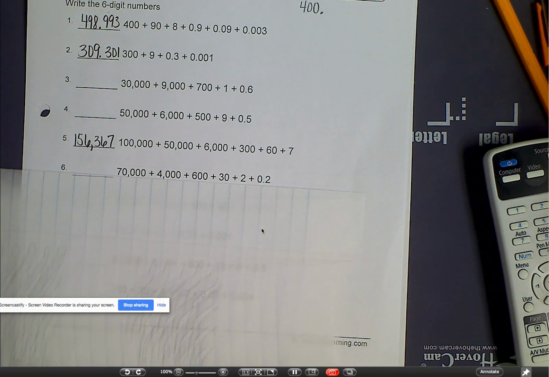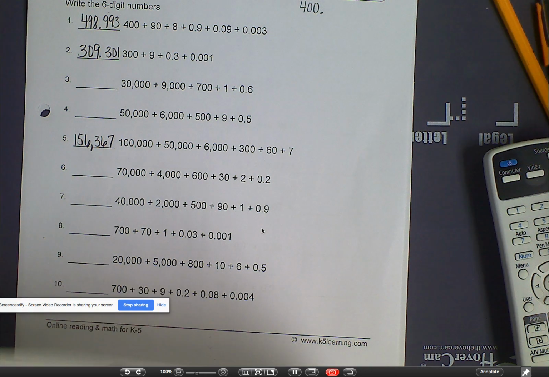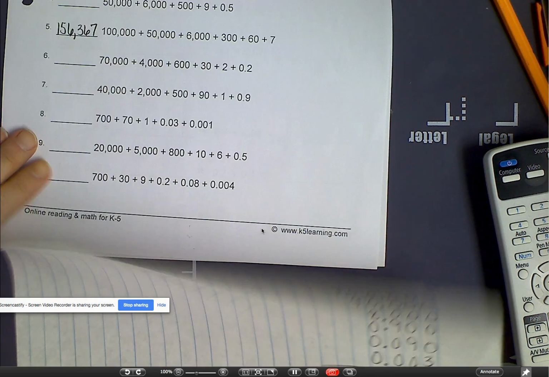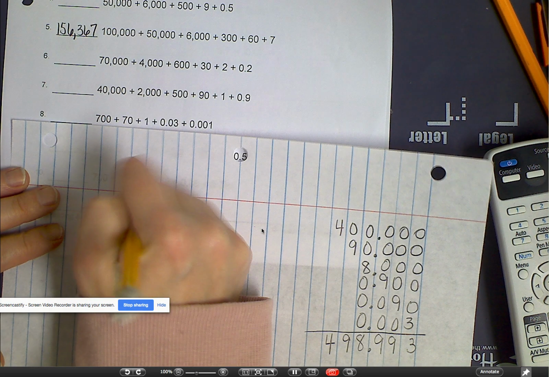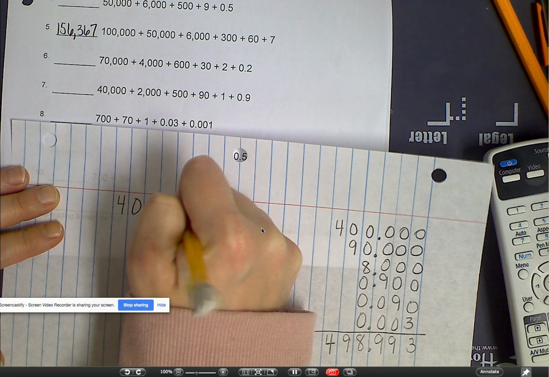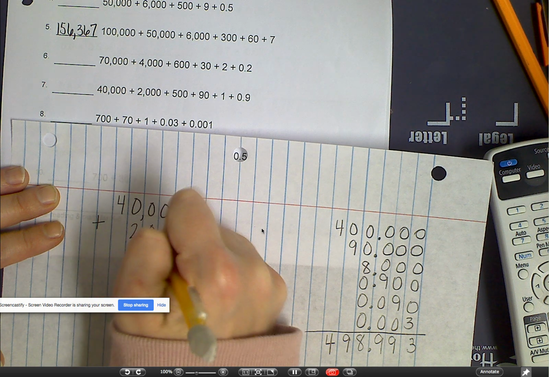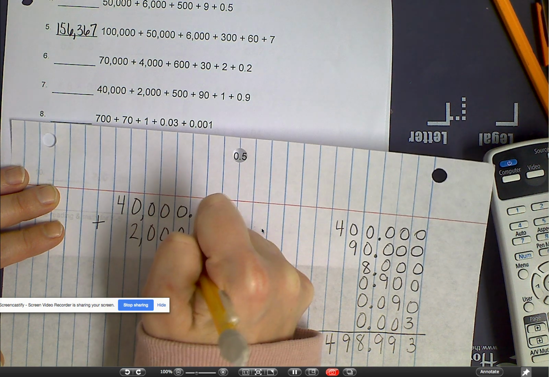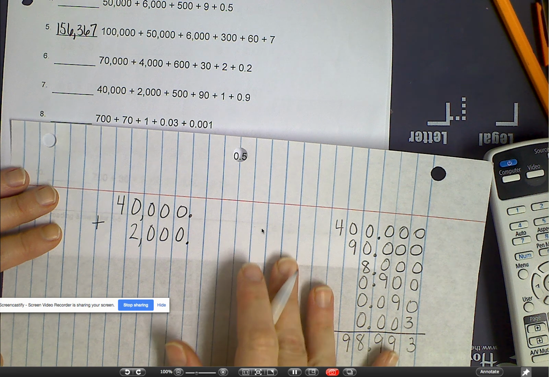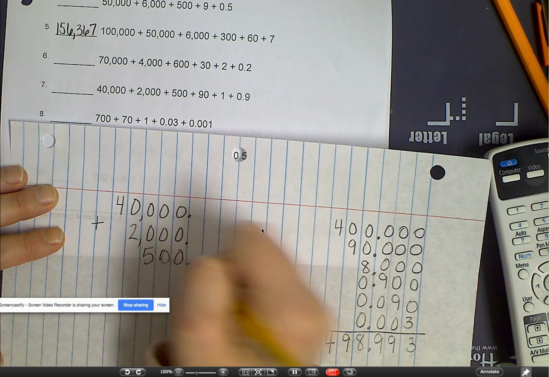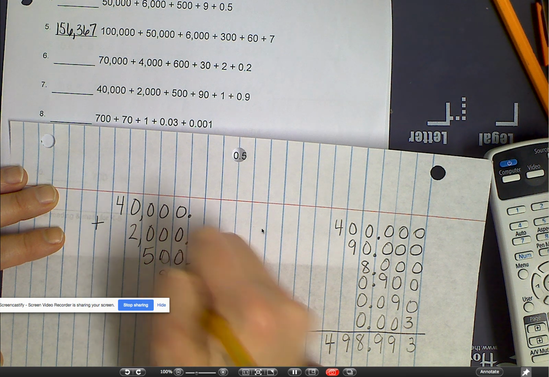All right, guys, so that's only 3. Let me do 2 more with you. So let's do number 7. Number 7 says 40,000 plus 2,000. The decimal's right here. Remember, it's the ghost decimal because it's a whole number. Plus 500. Plus 90.